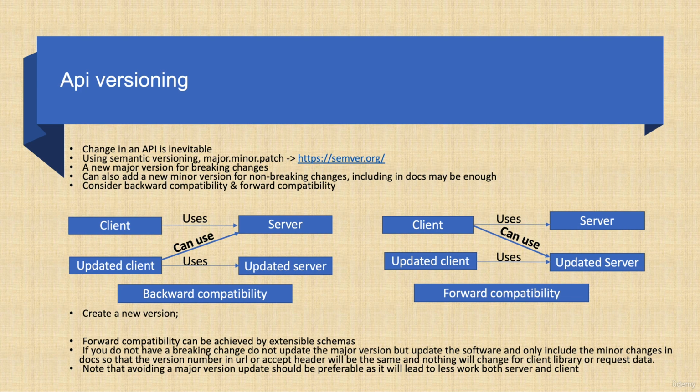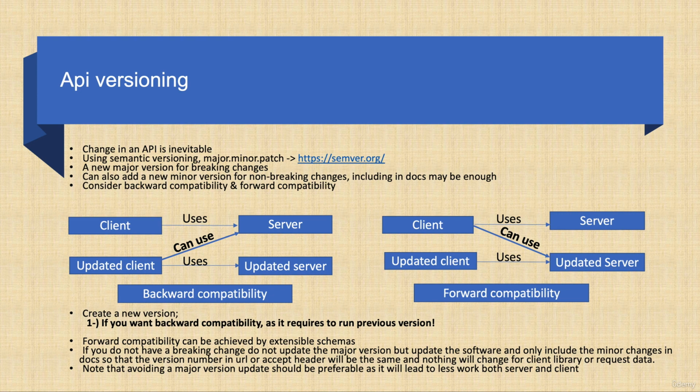So, considering the compatibilities, when do we need to create a new version? First, we need to create a new version if we want backward compatibility, because it implies having two versions live by definition, since the new client would want to work with both new and old servers.